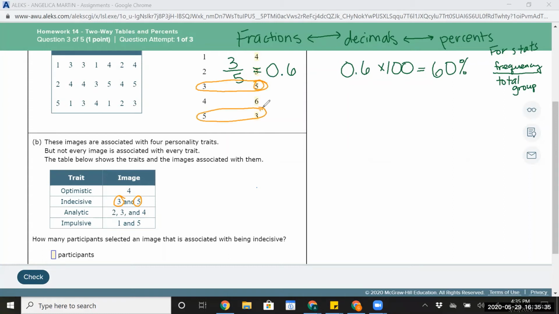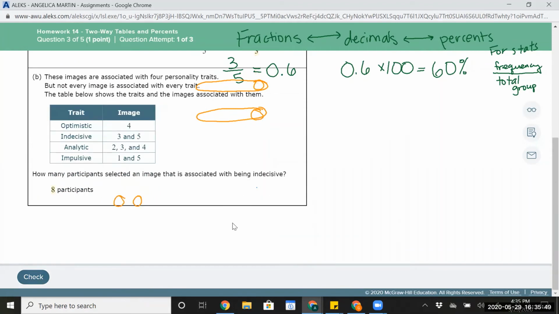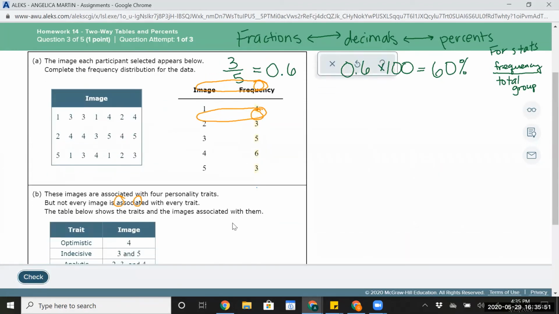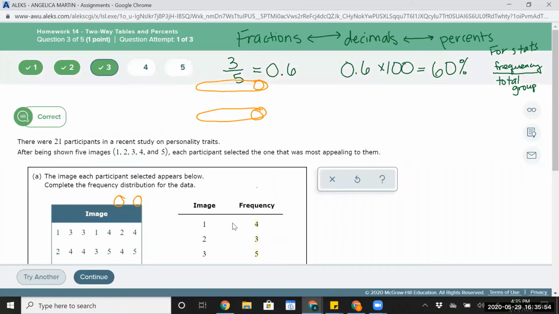So I'm going to take those 2 frequencies and I'm going to add them together. So 8 people chose pictures that were associated with an indecisive nature. So let me scroll down, make sure I got everything. Okay, everything's taken care of. I'm going to check now. And I see that we did a good job.